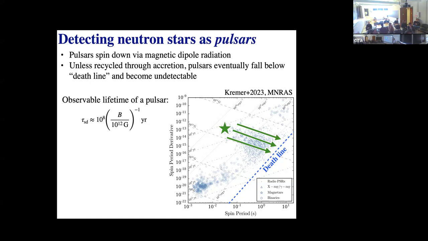Now, once a neutron star forms, it's potentially observable as a radio pulsar. It slowly evolves over time as it spins down via magnetic dipole radiation. And as the neutron star spins down, it eventually becomes lower in luminosity until it falls below this so-called death line, which is an empirical boundary below which no radio pulsars are observed.